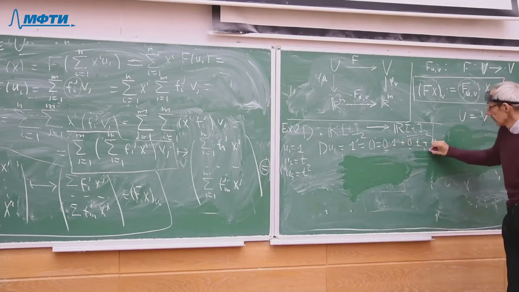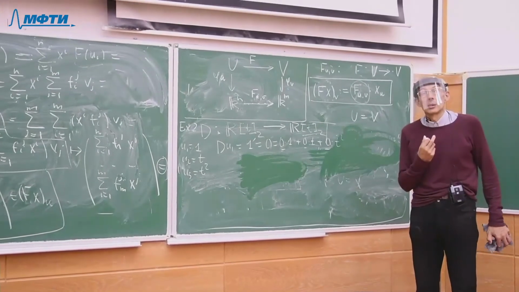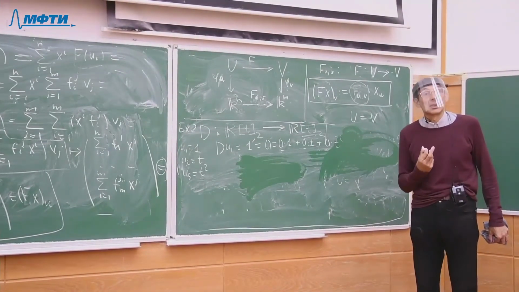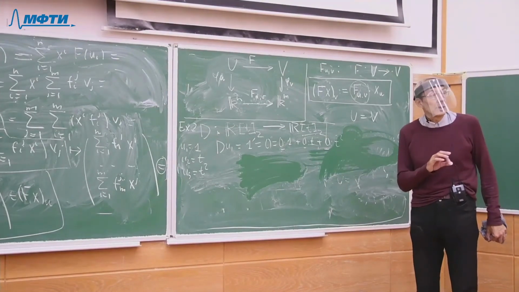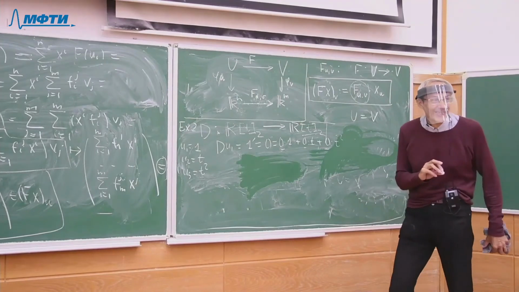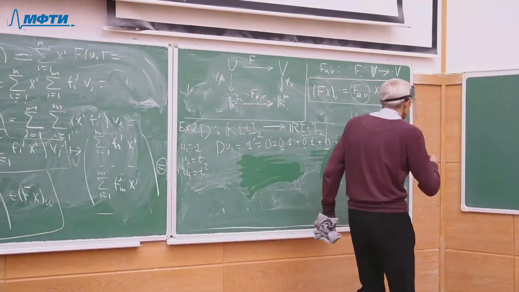And these coefficients form the first column of the matrix of this linear operator. Okay? Do you agree with me? Maybe.